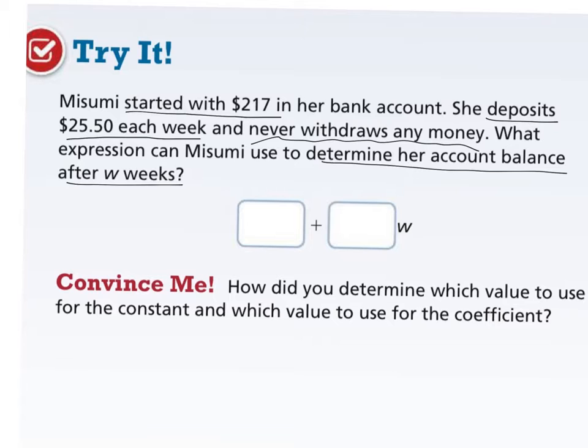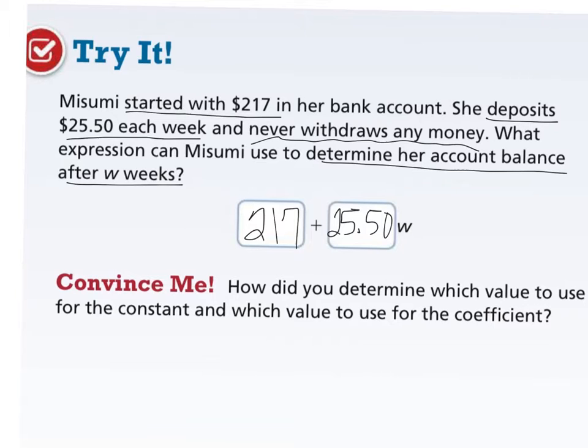So our expression for this, we started with $217 and we're adding $25.50 each week. So 217 plus $25.50 times W would be an expression we could use to find her account balance after W weeks.